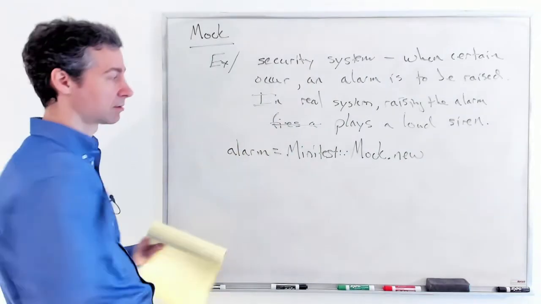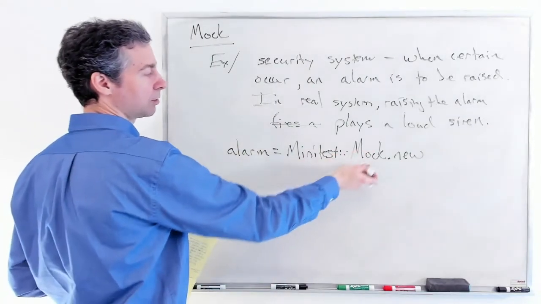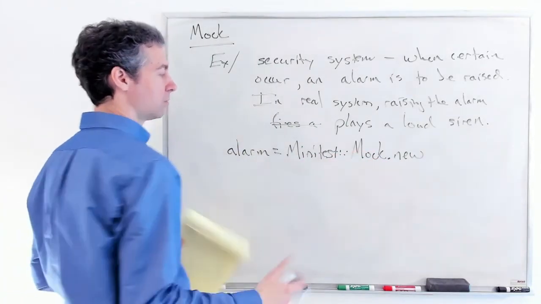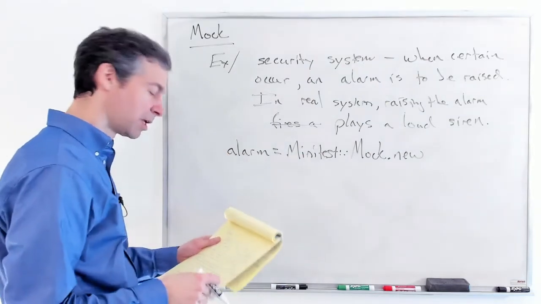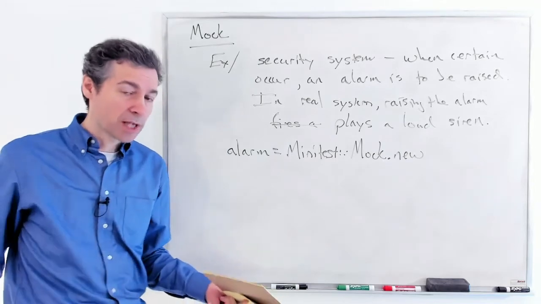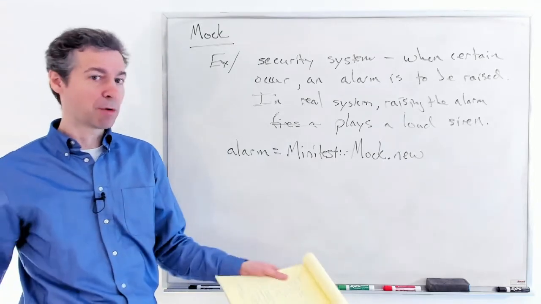That's all it takes. Minitest::Mock.new creates a new mock for us and stores it in alarm. Right now, this mock doesn't know about anything. All it knows is I'm a mock.